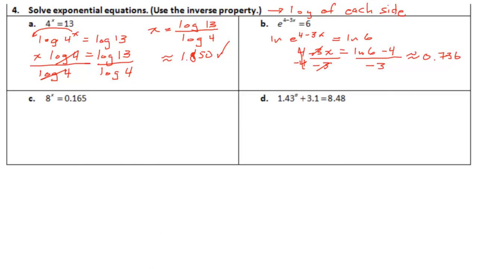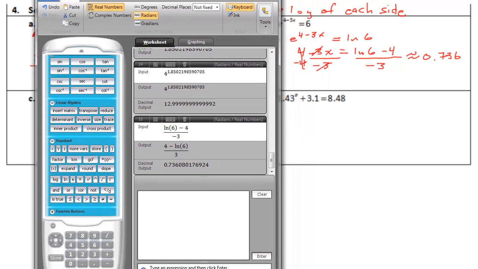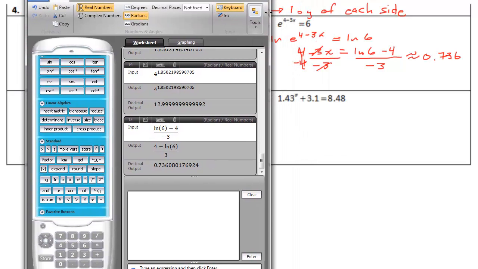And with these problems, it's a good idea to check that we've done this right. So this is E. We'll find E here and raise it to, and I'm going to put parentheses around that expression just to be sure, 4 minus 3 times, and then this is our x.